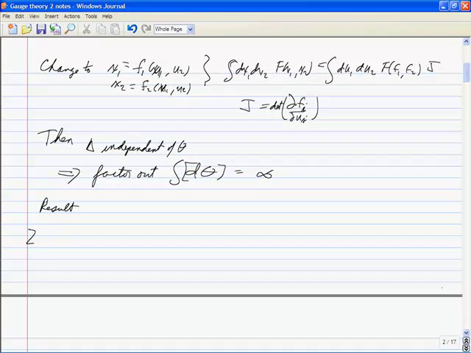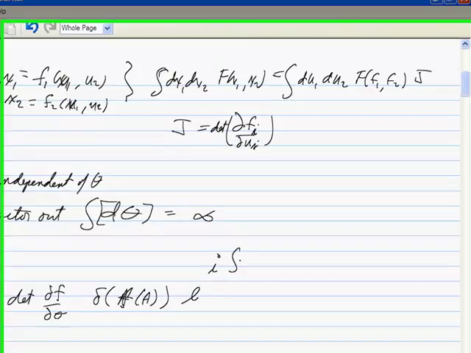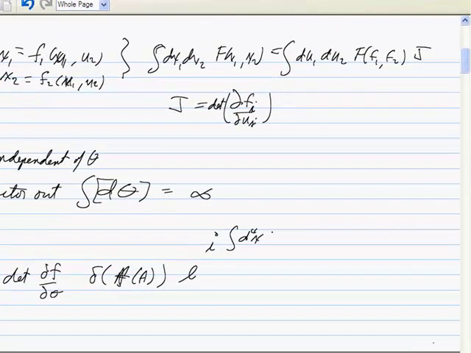We're left with Z is the integral dA, the determinant of df d theta, delta of some f of A, e to the i integral d4x L plus the JA. So we've got the constrained guy.